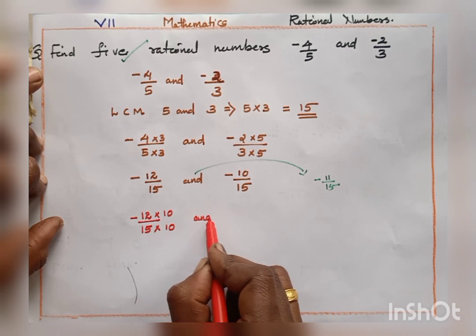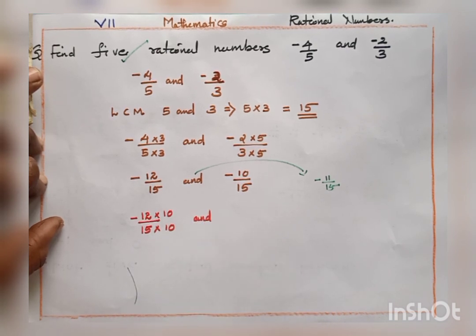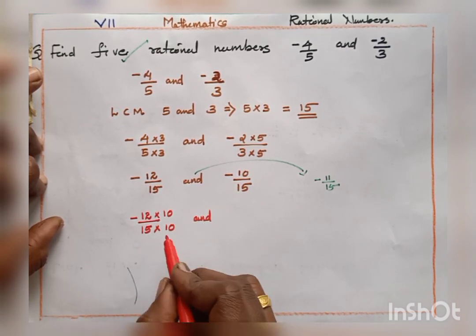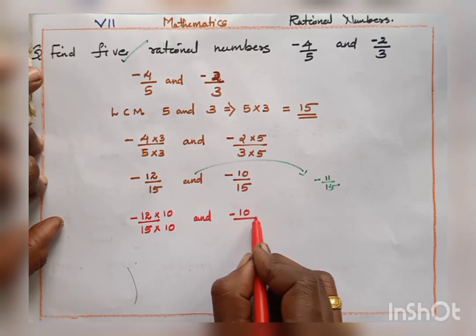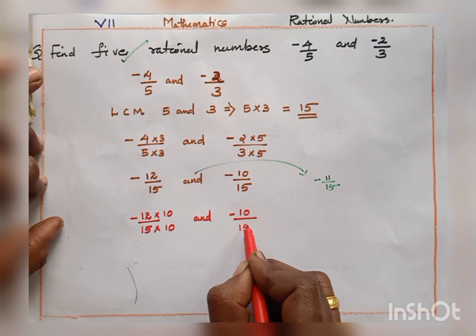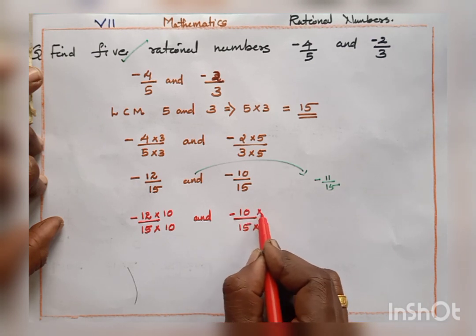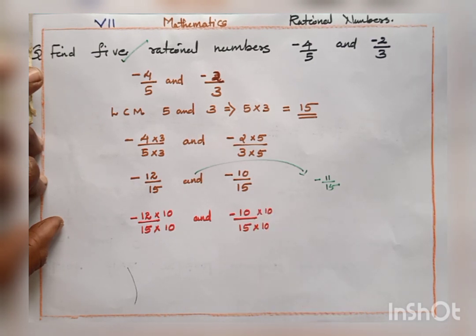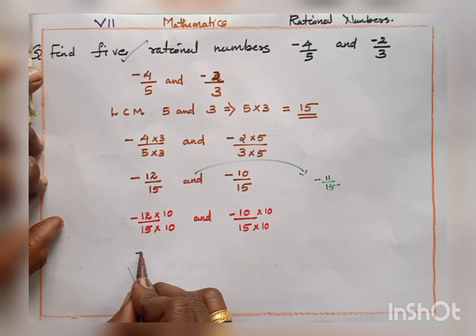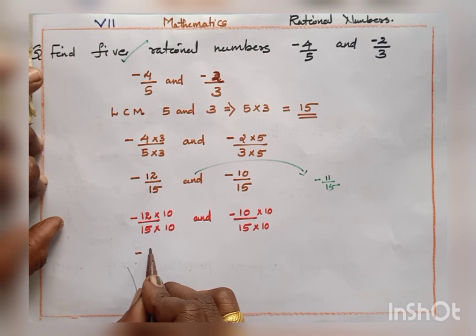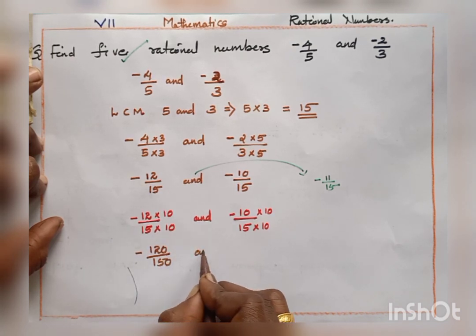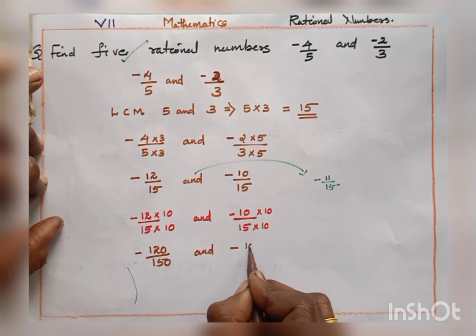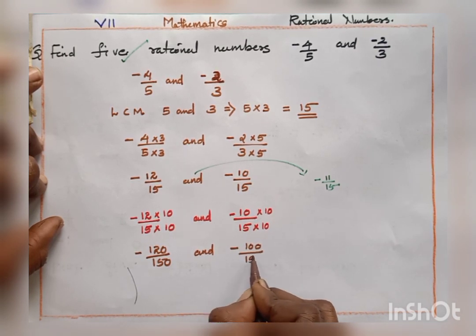Okay, any number; 10 is easy multiplication. So I multiply 10 on both numerator and denominator. Here minus 12 by 15 and minus 10 by 15, multiply both numerator and denominator by 10. So we get minus 12 into 10 is minus 120 by 150 and minus 100 by 150.